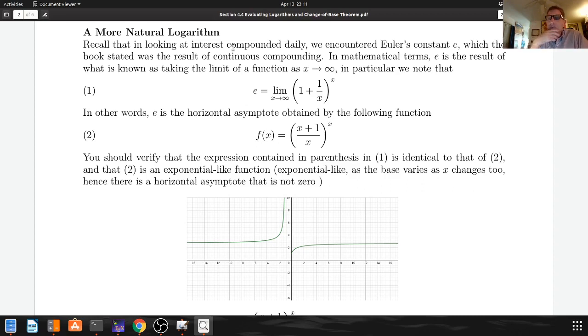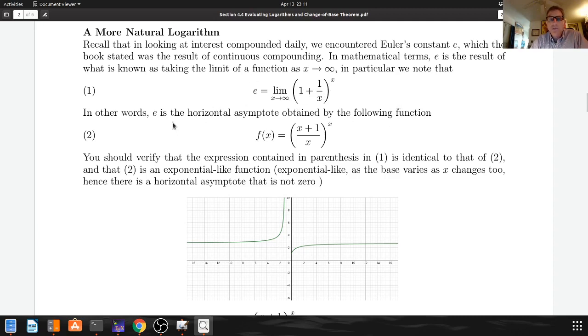In mathematical terms, e is the result of taking the limit of a function as the value of x approaches infinity. In particular, e is equal to the limit as x goes to infinity of the expression 1 plus 1 divided by x, raised to x.